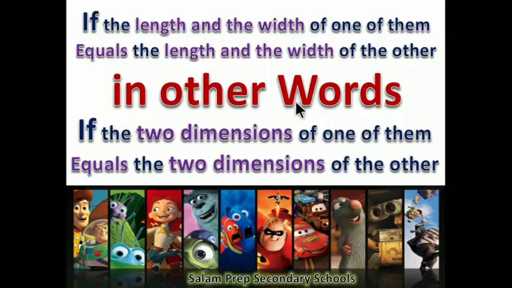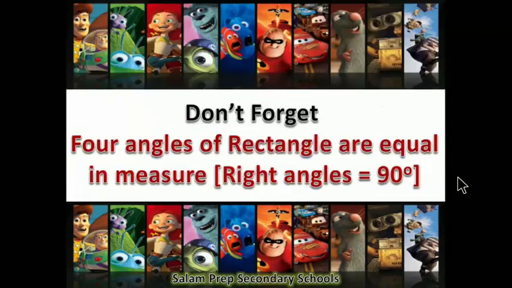In other words, if the two dimensions of one of them equal the two dimensions of the other. Don't forget, the four angles of a rectangle are equal in measure. Right angles equal 90 degrees.